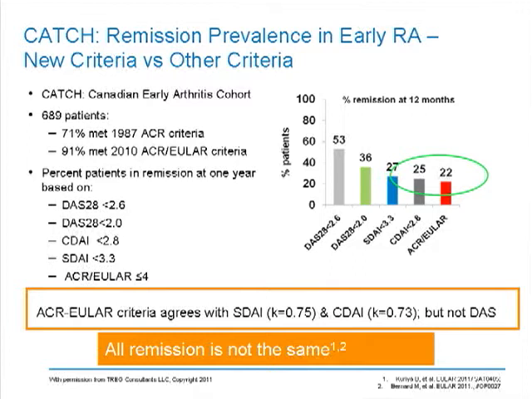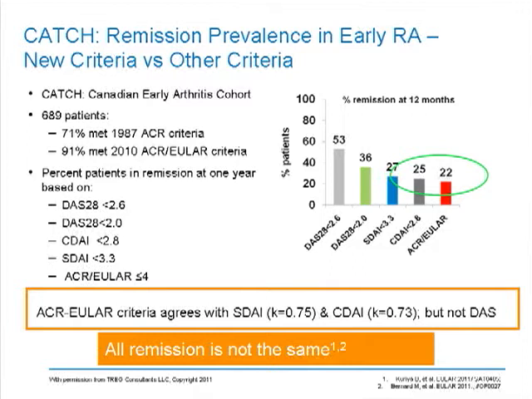They looked at the percent of patients in remission at year 1 based on either a DAS28 of less than 2.6, the usual definition of remission, or an even more stringent DAS of less than 2, the CDAI of less than 2.8, which is the definition of CDAI remission, the SDAI of less than 3.3, the new remission criteria, or the ACR EULAR new remission criteria.